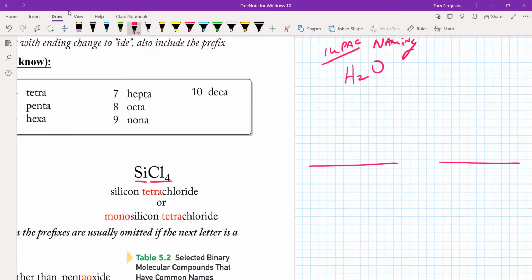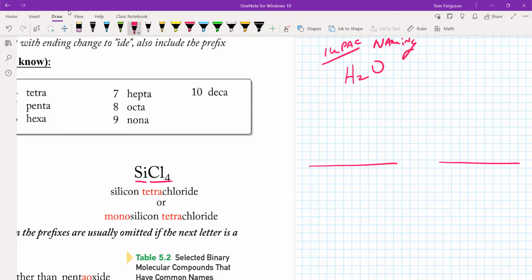In other words, it's internationally known. This is not known as water internationally. It's aqua in Spanish, water in English, and all different languages. You know, you go to Morocco, for example, that's not going to be water. It's going to be named something else. But the IUPAC name is going to be the same in all countries.